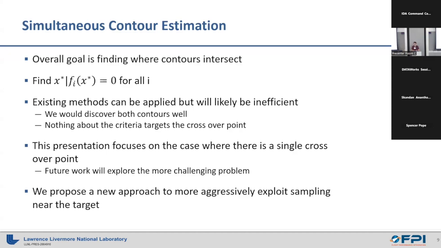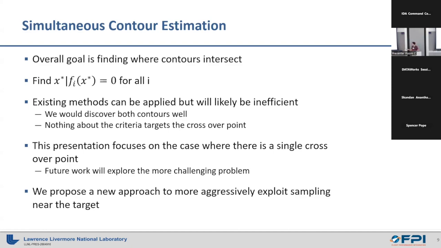If you apply existing methods, you can discover the contours pretty well. You could try alternating between the different contours. However, you're wasting a lot of your samples in regions that aren't even close to where the 2 cross over. So we wanted to come up with a criterion that would target that area.